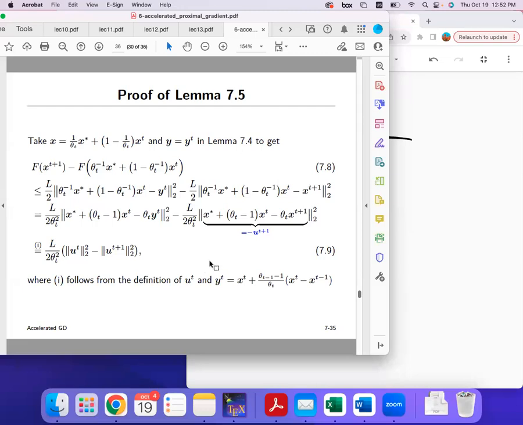However, in this accelerated algorithm, yt is given by this extrapolation step. Yt equals an extrapolation between these 2 points, xt and xt minus 1.